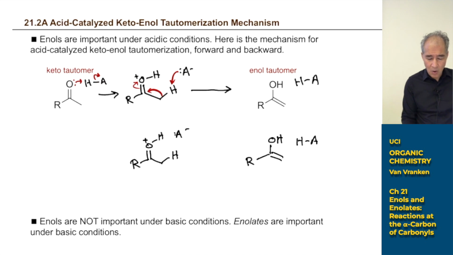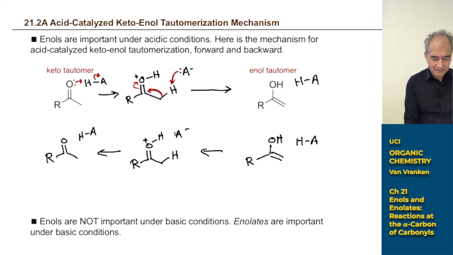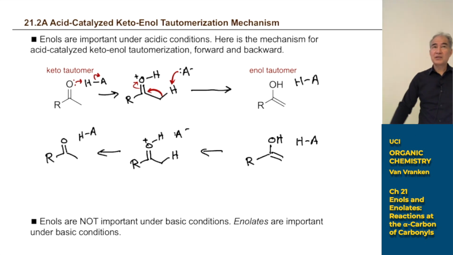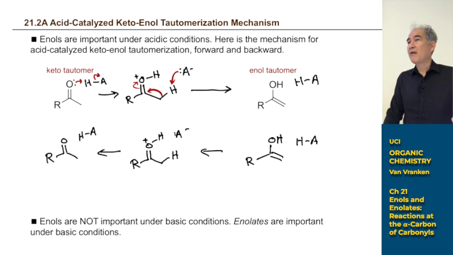Equilibration processes always proceed through the same mechanistic intermediates. There can't be some secret pathway that the top molecules didn't know about. I'm just going to redraw the same intermediates with the same charges. What's different when you do the backwards mechanism is the arrow pushing. The intermediates will be exactly the same.